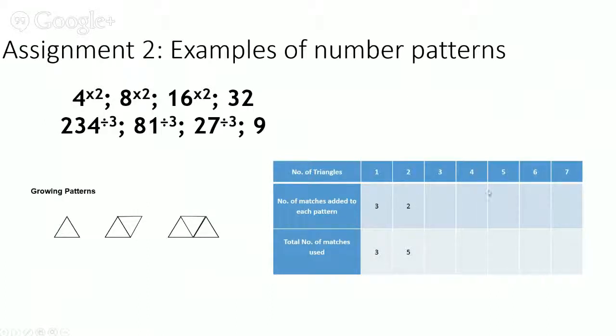Now I want you to work out what would be your total number of matches when you get to 6 triangles, how many matches would you have had to add up to 6 triangles, and what would be the total number of matches used at 6 triangles?